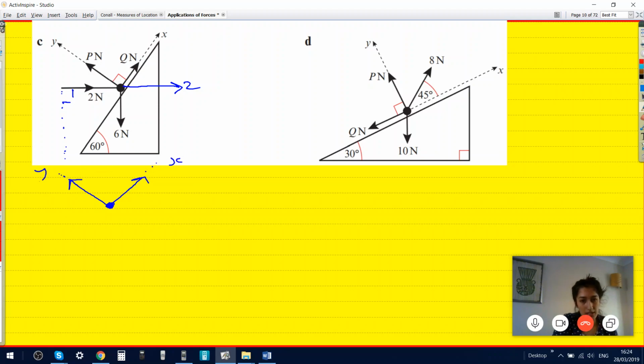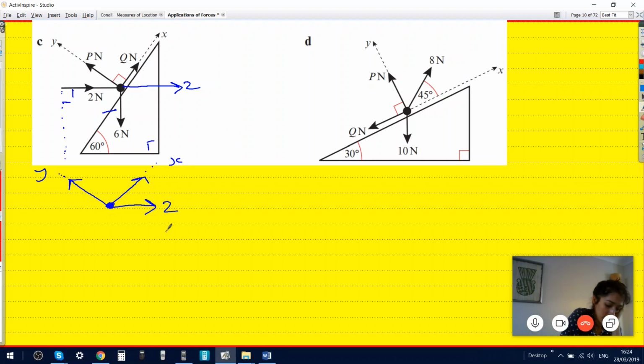So then what angle are there? Let's do what angles. Okay, so what angle is, let's say this one. Okay, let's just go normally and then if we get stuck, we'll get stuck.